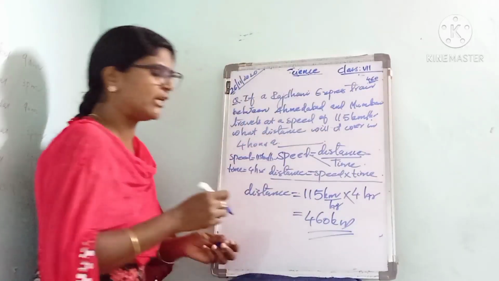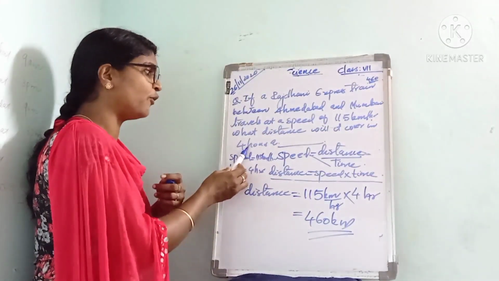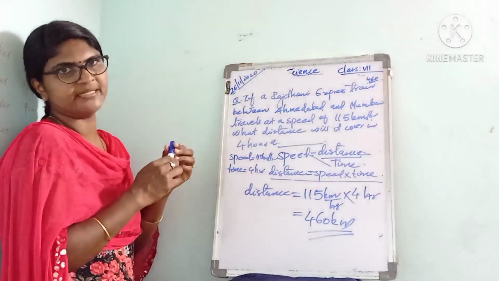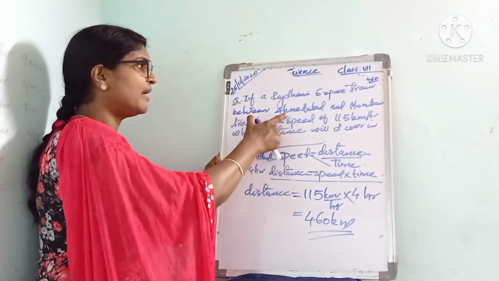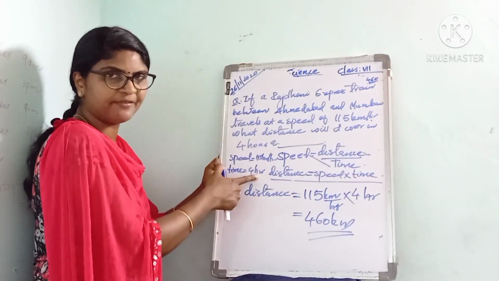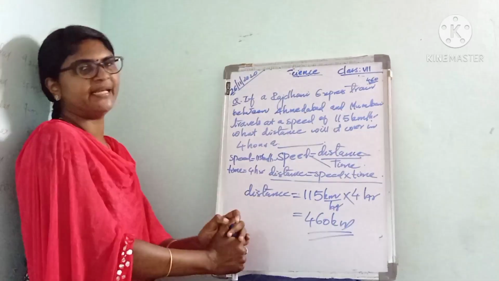Distance is in kilometer here. So within 4 hours the train covered a distance of 460 kilometer, starting from Ahmedabad.